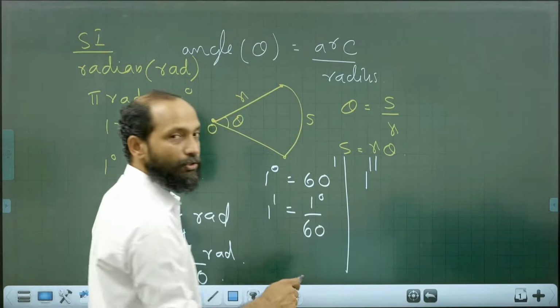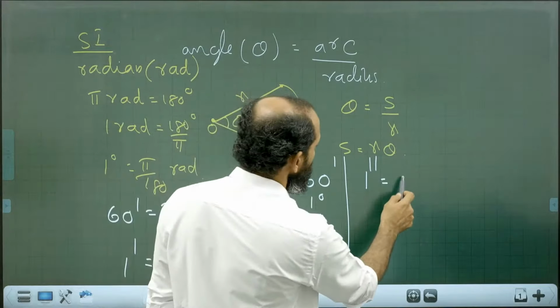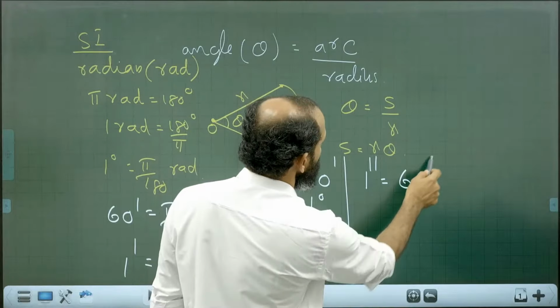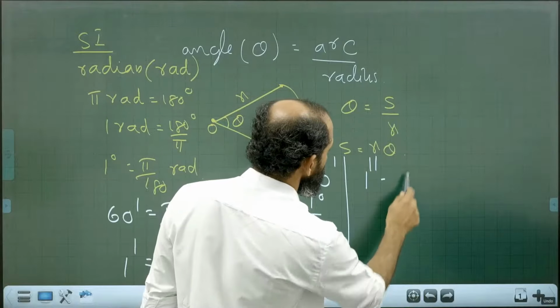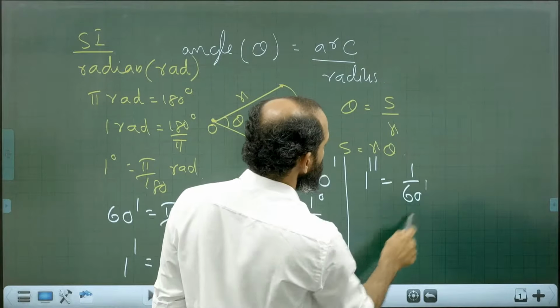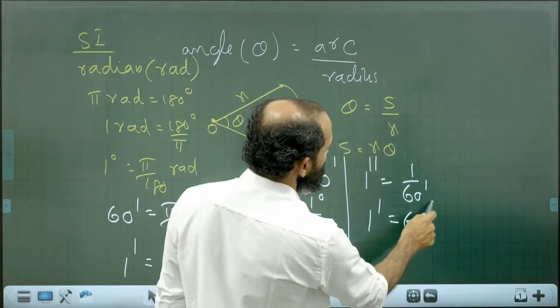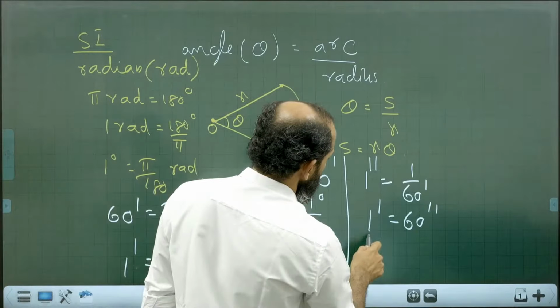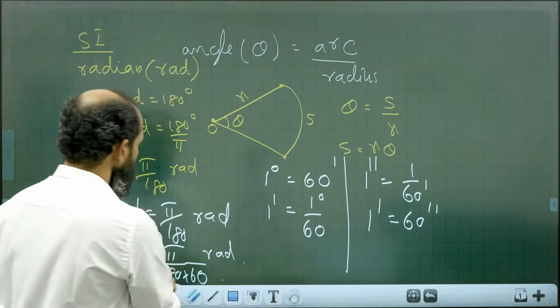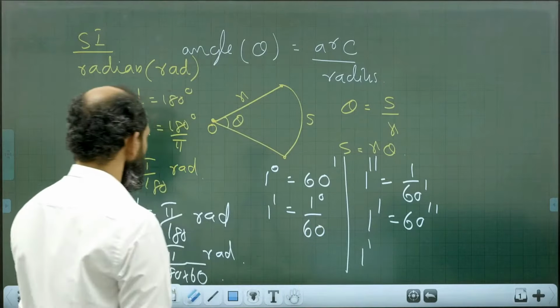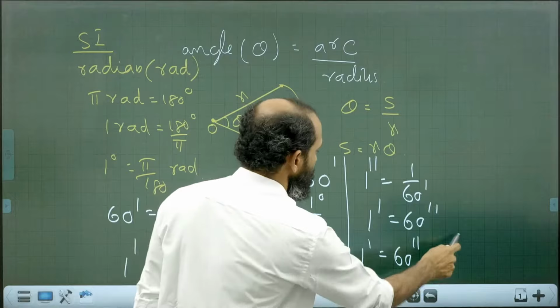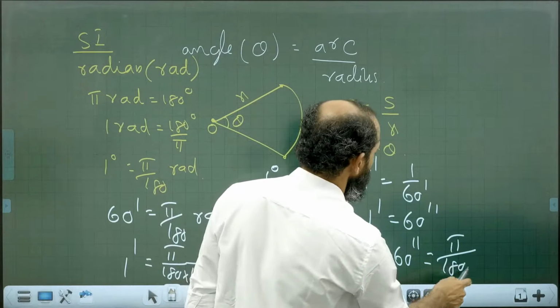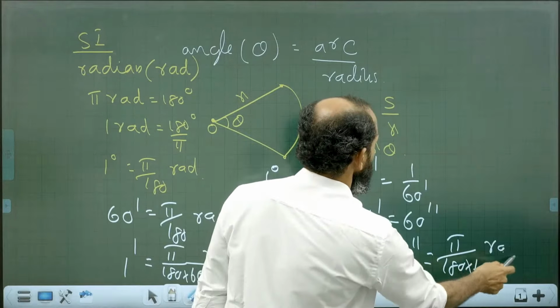Another smaller unit used is second. 1 second of arc is 1 by 60 minutes, or 1 minute is equal to 60 seconds. Therefore, we can convert 1 minute as 60 seconds, that is equal to pi divided by 180 into 60 radian.